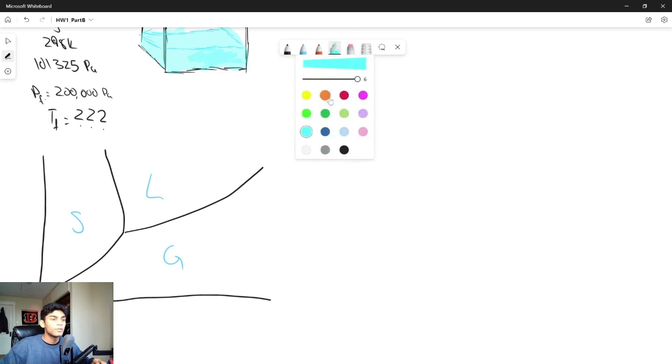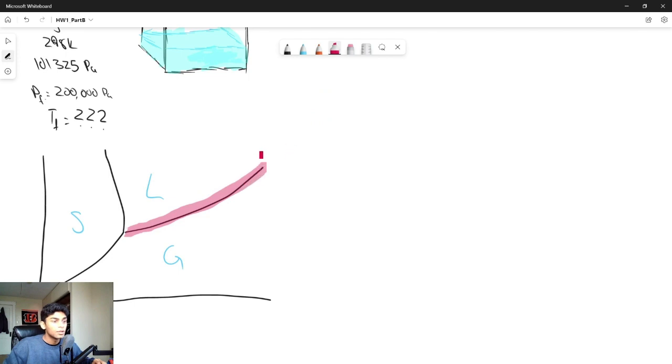A big takeaway from this is knowing what happens along this line here. This is our liquid water and vapor water. This line will separate out the two. And what lies along this curve is something that we call the equilibrium pressure.